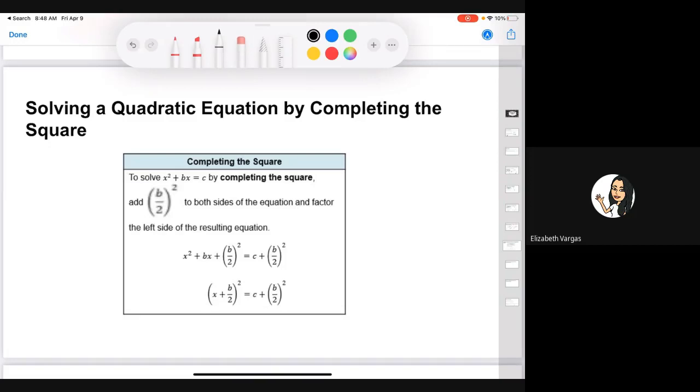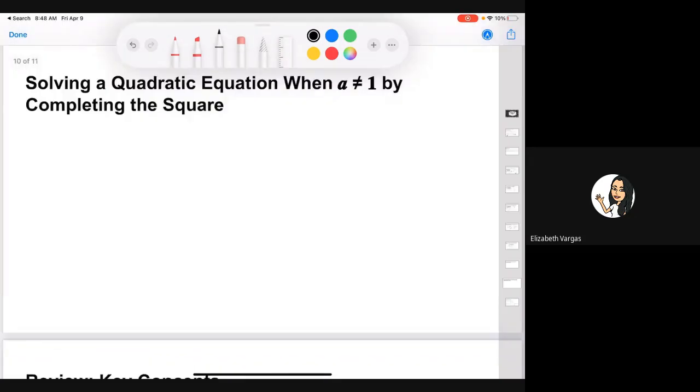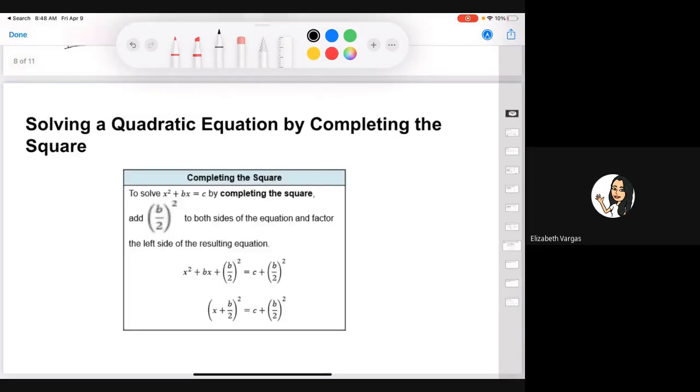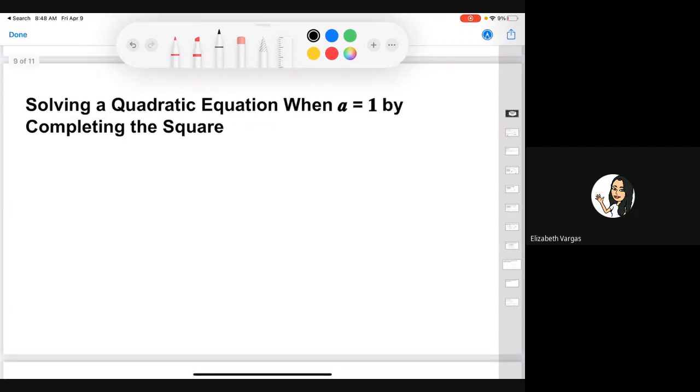Whenever we are asked to solve a quadratic equation by completing the square, what we're going to do is add whatever b divided by 2 squared is to both sides of the equation and factor the left side of the remaining equation. So we'll see what this looks like. So say we're trying to solve the quadratic equation x squared equal to 18. So I'm trying to factor this and I'm trying to solve for what x is.